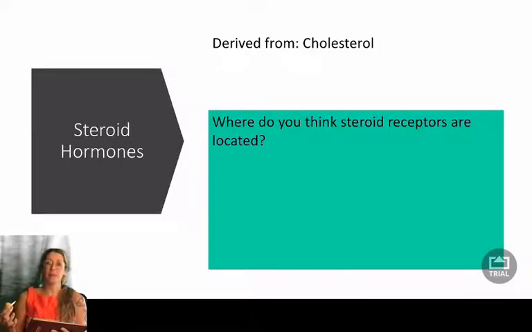Let's think for a minute about what we know about the cell already. Steroid hormones are lipids, so they're lipophilic, lipid likers, or another way to think of this is hydrophobic. They don't really like water. So where would you guess the steroid receptors are located? Think back to our discussions of receptors. Are they going to be on the cell surface, or inside of the cell?